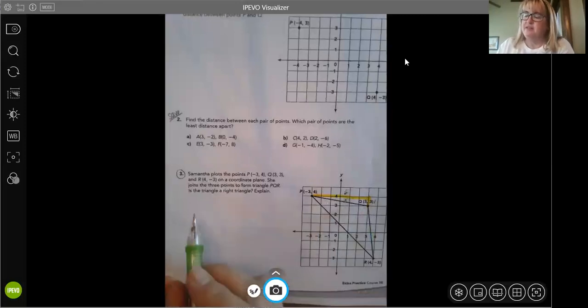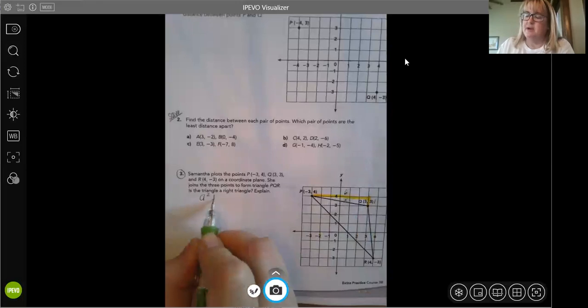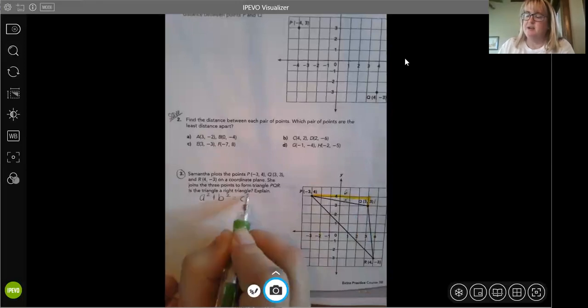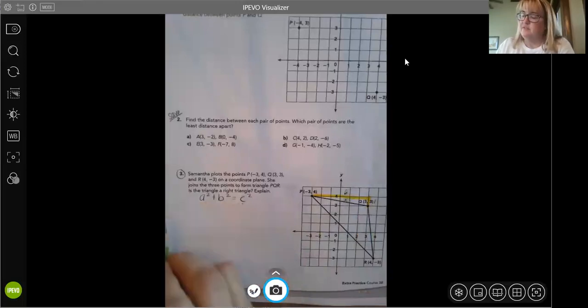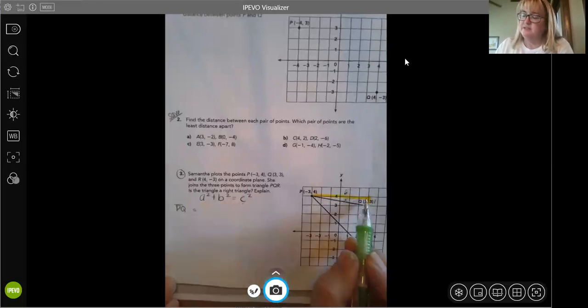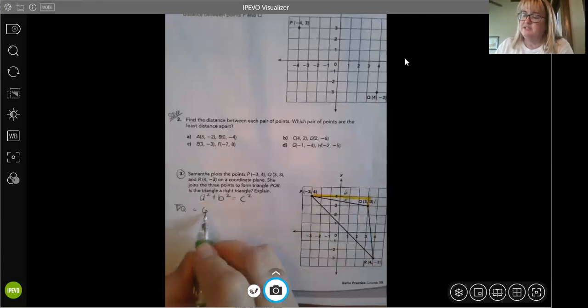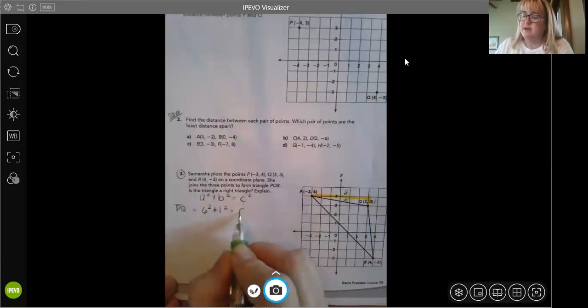So since we have the legs, we can put that in and figure out what the hypotenuse is. Remember, Pythagorean theorem, a squared plus b squared equals c squared. A and b are legs, c is your hypotenuse. This is for PQ. One of the legs is 6, one is 1. So 6 squared plus 1 squared equals c squared.